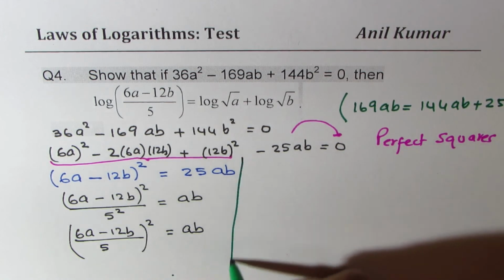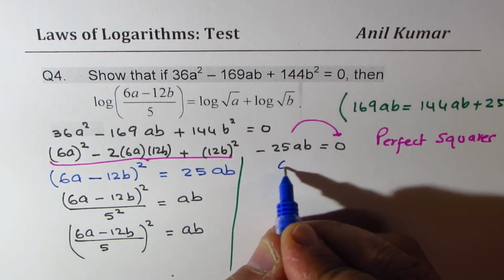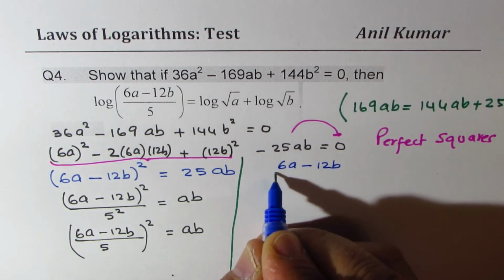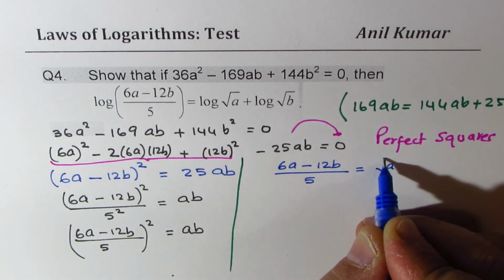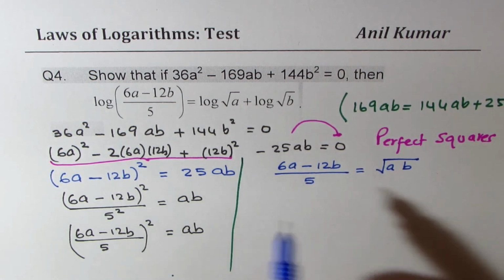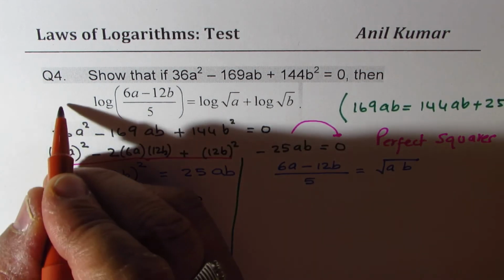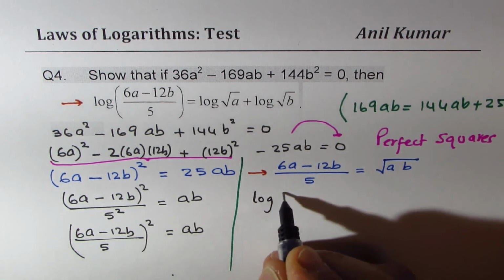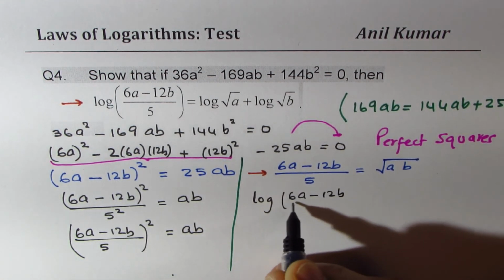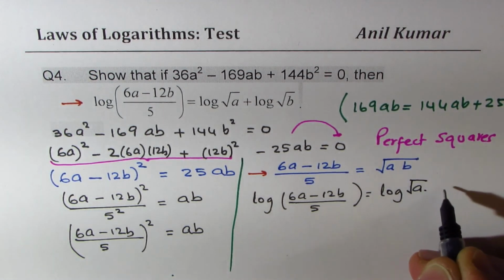Correct? Now since we have these square root terms, I'll now take the square root. So we could write this as 6a minus 12b over 5 equals square root of ab. Now let's take log, since we need to get the result which is shown right there. So from here we need to take log to complete the answer. If I take log both sides, I get log of (6a minus 12b) divided by 5 equals log of square root of a times square root of b.